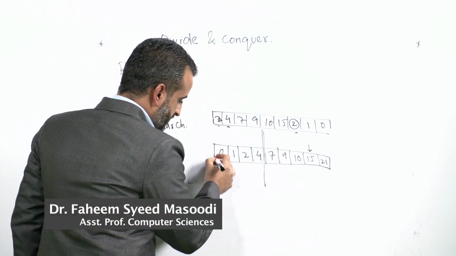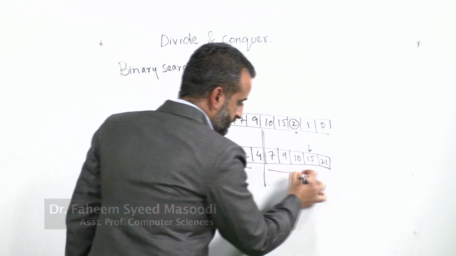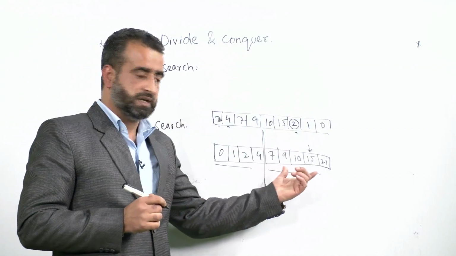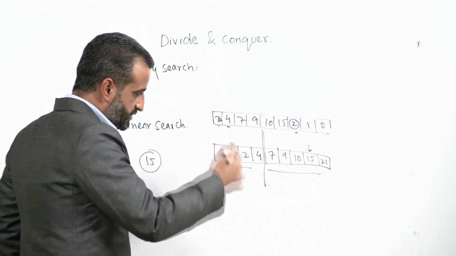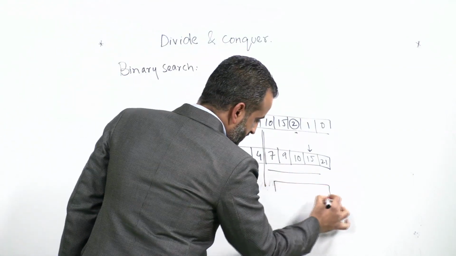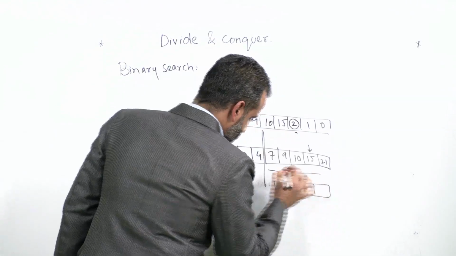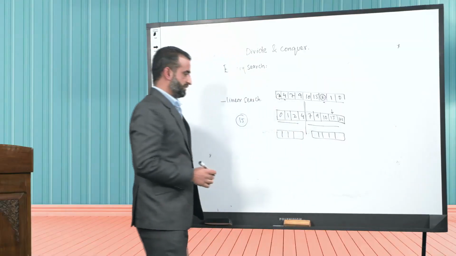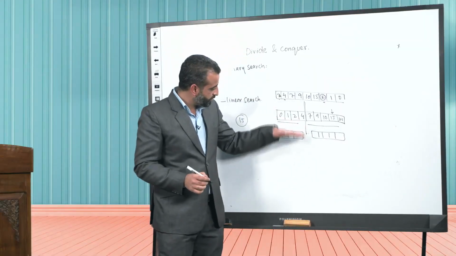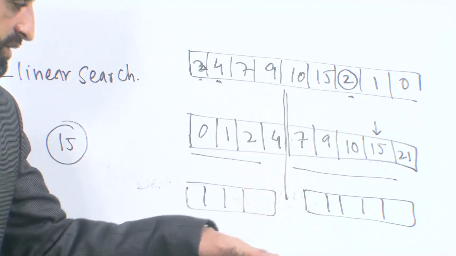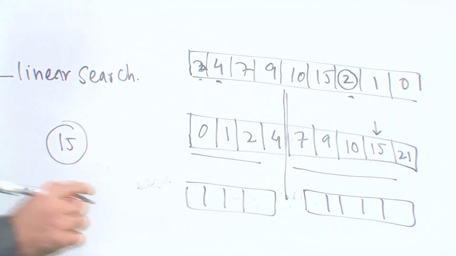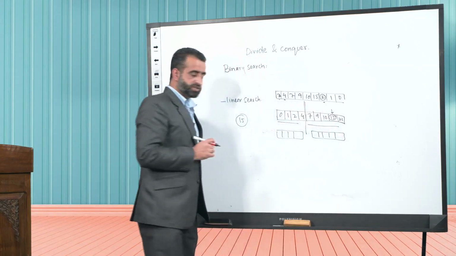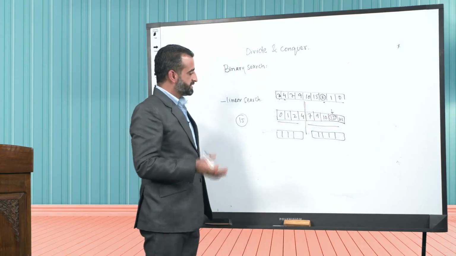If the size of the problem is still large enough, we can further divide these problems into smaller sub-problems. We can keep on dividing the original problem till we reach the base case, wherein we can find the element that we are looking for. Once that element is found, we'll simply return back.